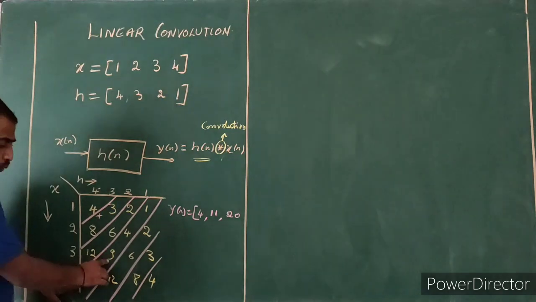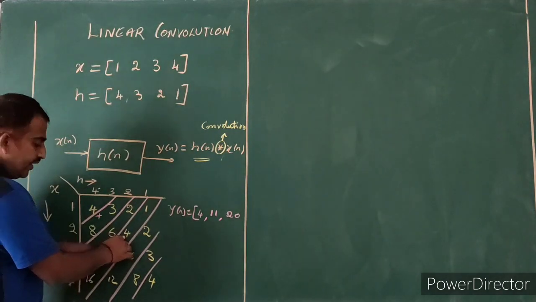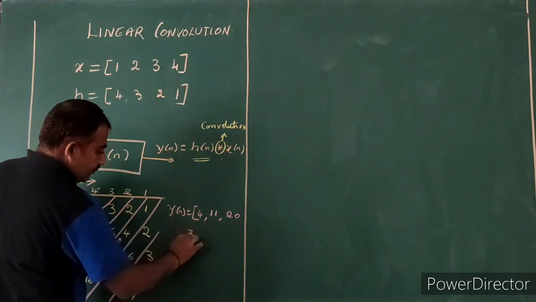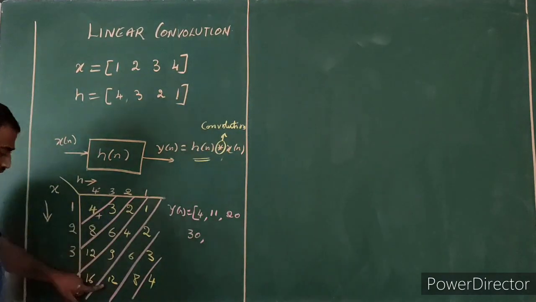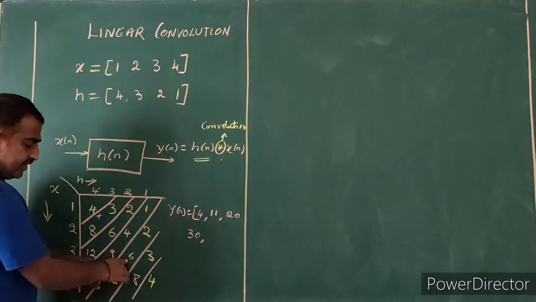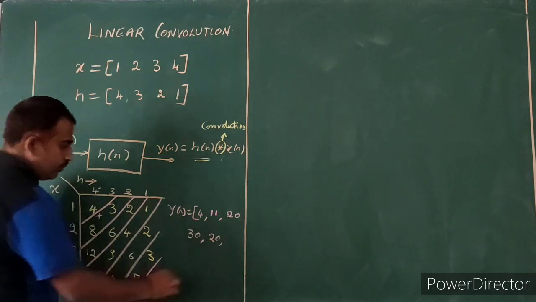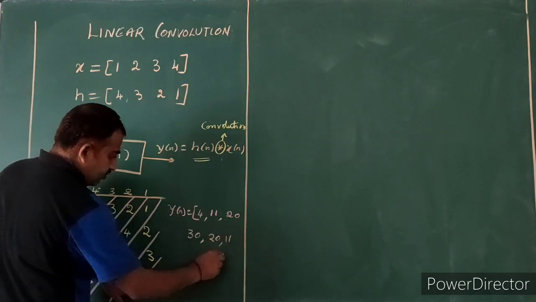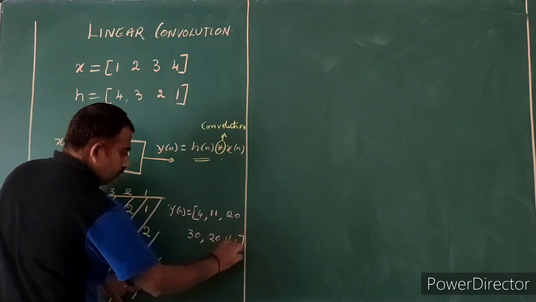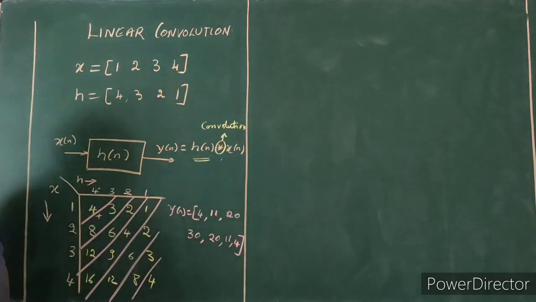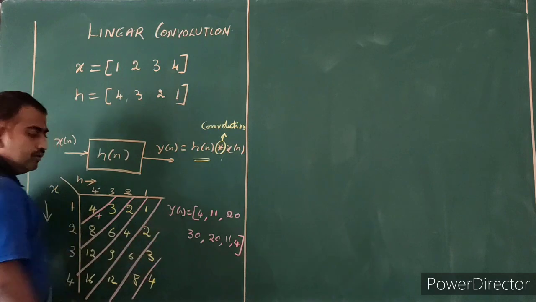Next 16 plus 9, 25. 25 plus 4, 29. 29 plus 1, 30. Next 12 plus 6, 18, plus 2, 20. 8 plus 3, 11. Next value is 4. So this is the final value of y.